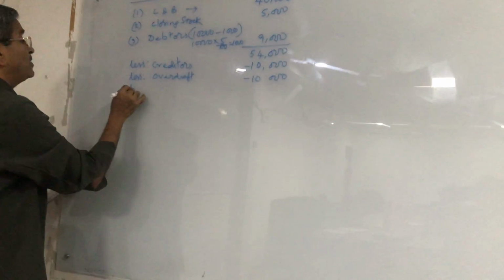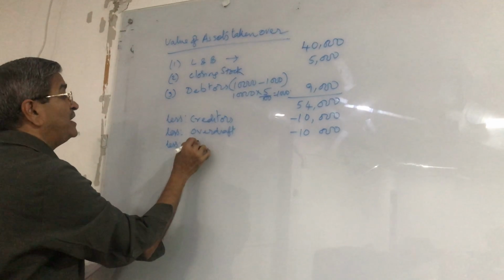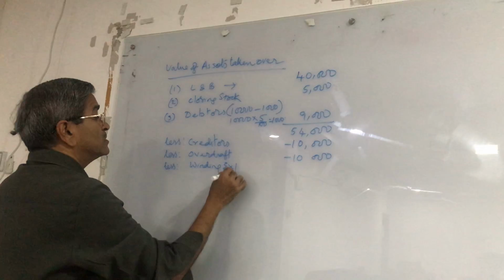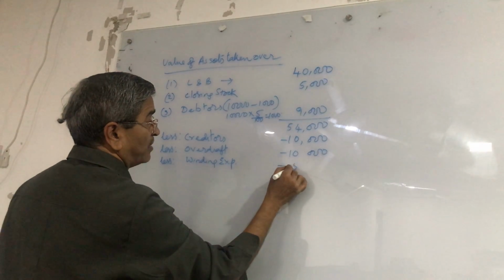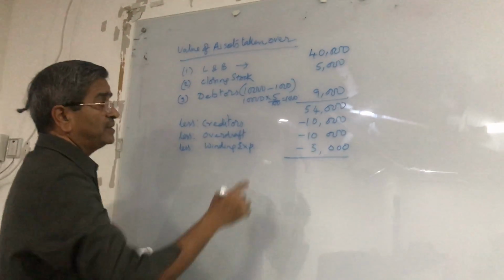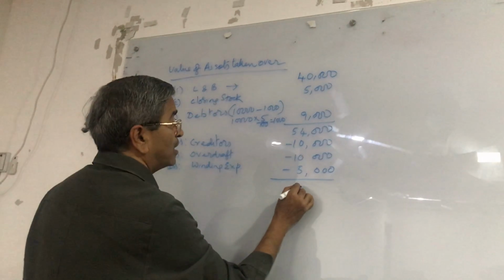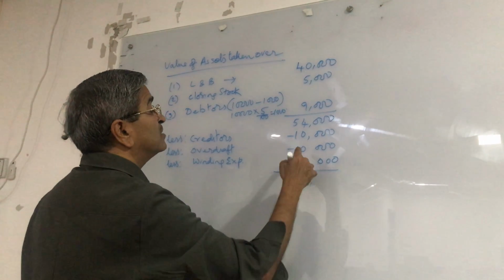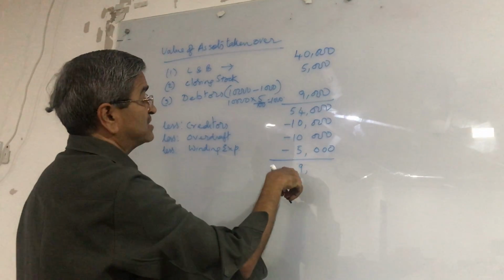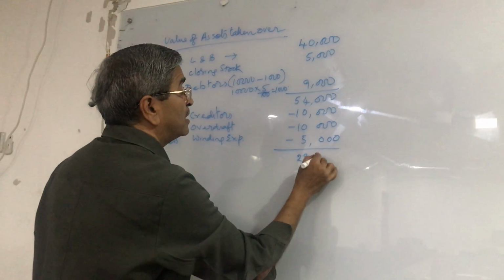Then again, less we have agreed to pay closure expenses or winding up expenses of the purchasing company. So winding up expenses will be another 5,000. So when you deduct these three, 25,000 from that, you will get 29,000. 54 minus 25, 14 minus 5 is 9, 4 minus 2 is 2, so 29,000.